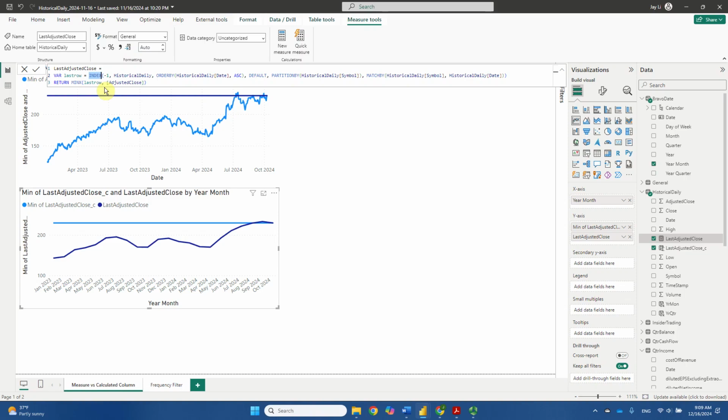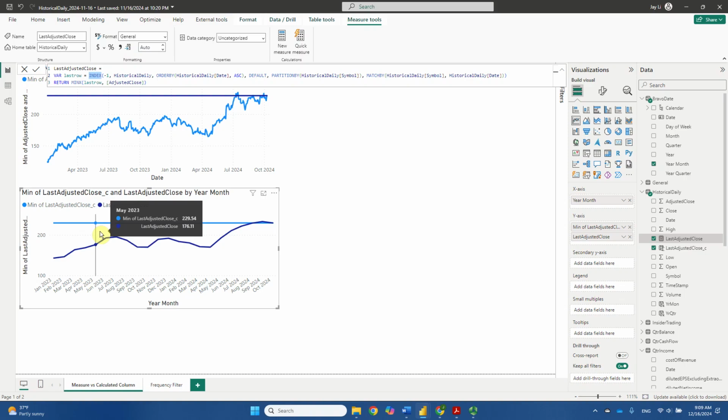In this case, the index function is going to take out the last trading day in May 2023 and return that value as the value for the last adjusted close measure. So the measure last adjusted close is going to take the value of the adjusted close price for Apple on the last trading day of May 2023. That's why you have this 176.11. That's the last adjusted close in May 2023.